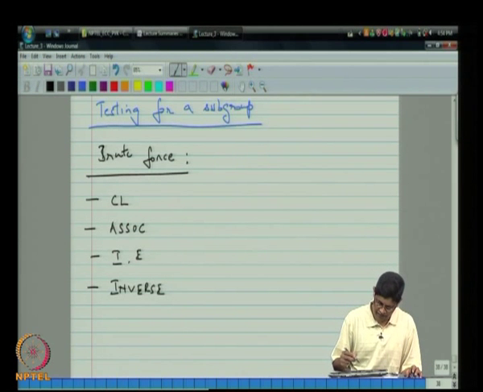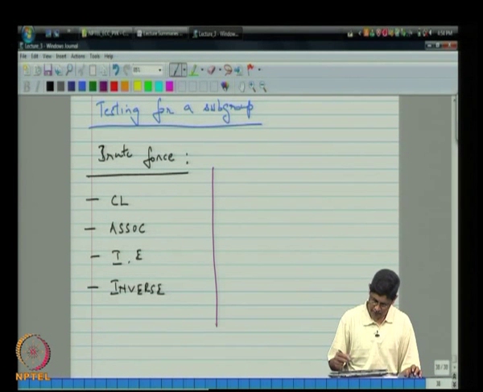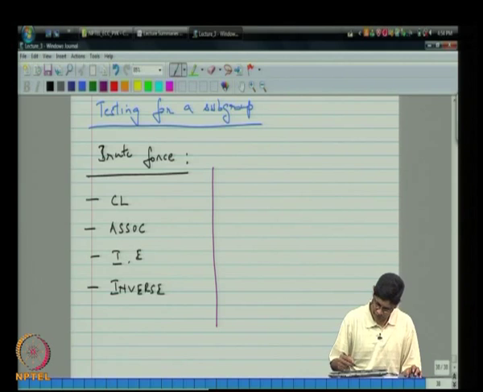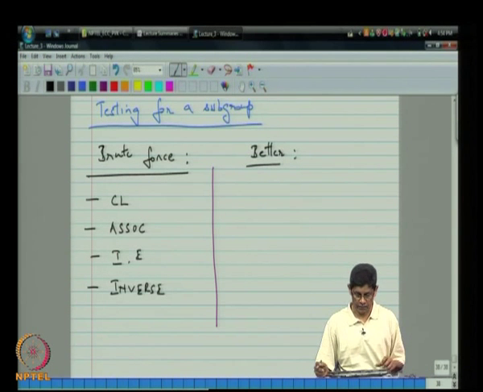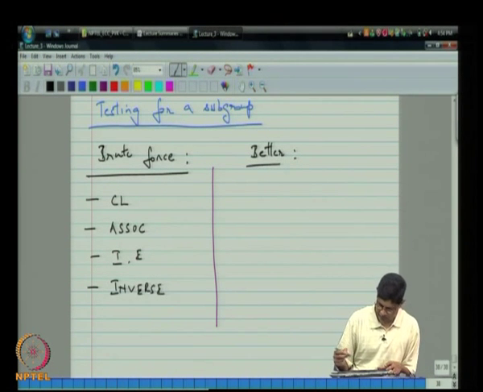But there is a cleverer, better method, and that is to make use of a lemma. So, I will put this down as a lemma.